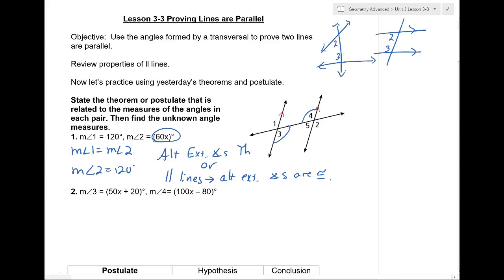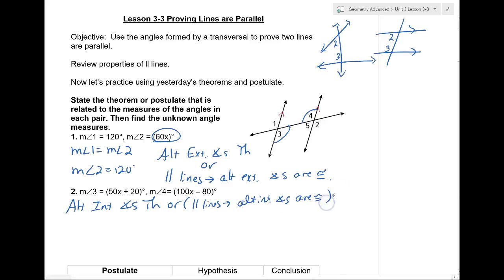They're what? They're congruent because? Yeah, they're alternate interior angles. If I have parallel lines, then alternate interior angles are congruent. So that would be your alternate interior angles theorem.